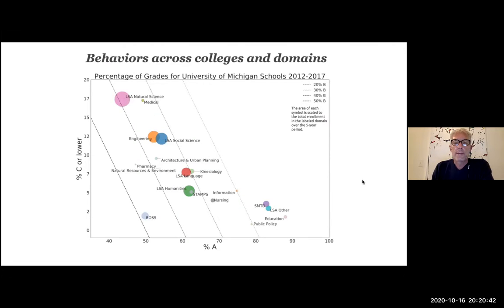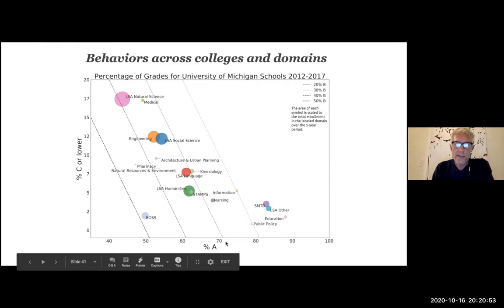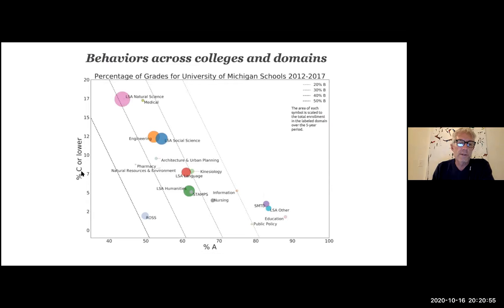Now they are pretty much rising everywhere, but there's still a differentiation among the colleges and divisions. Here, the x-axis is the percent of A grades handed out for undergraduate courses. The y-axis is the percent of C or lower. And the fraction of B's is given by these lines, because the whole sum has to be 1.